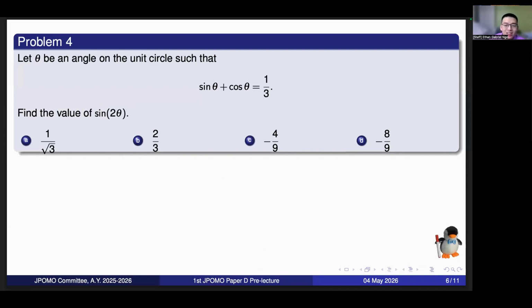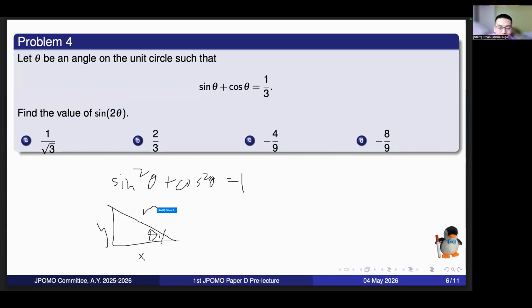So for the first identity, sine squared theta plus cosine squared theta equals 1. Let's say we have a right triangle whose side lengths are x, y, and r. For sine theta, we have sine theta equals y/r, cosine theta is equal to x/r.